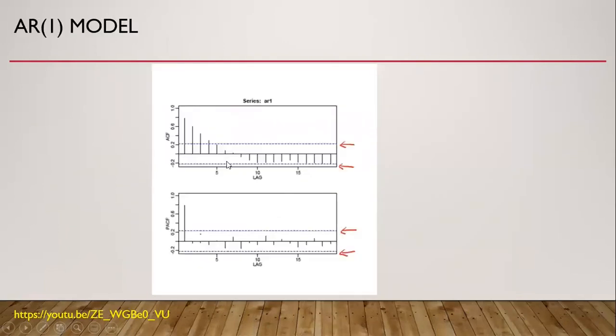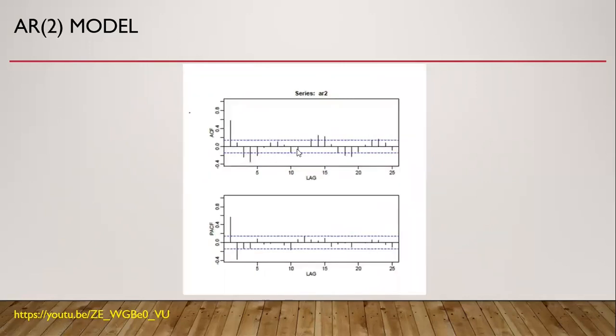So if we look at this graph, the ACF graph shows damped exponentially decreasing autocorrelations. So we can make use of an AR model, and because there is a single correlation which is important in the PACF graph, the parameter is 1. So this is the AR1 model. In this, there are two correlations which are important in the PACF graph.